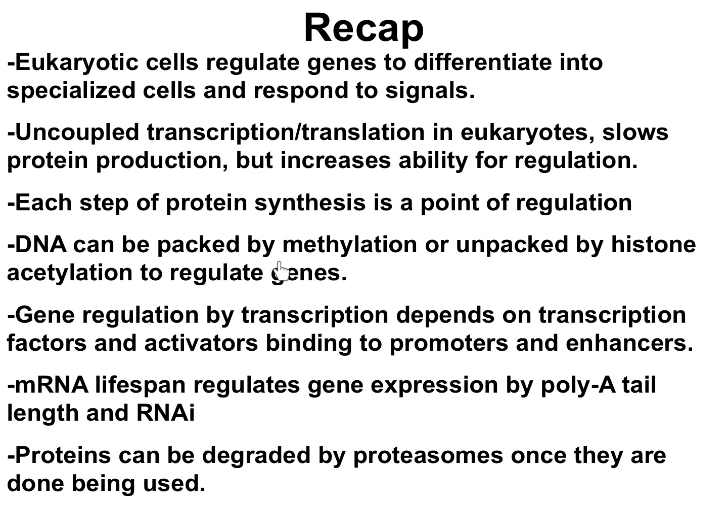Next, transcription factors and activators can attract RNA polymerase to a gene to increase gene expression. And then the lifespan of mRNA is another possibility for gene regulation, where a longer poly A tail can result in higher gene expression, and RNAi can shut things down in a hurry, temporarily or permanently. Finally, when a protein is no longer needed, the protein can be tagged with ubiquitin and degraded by a proteasome.